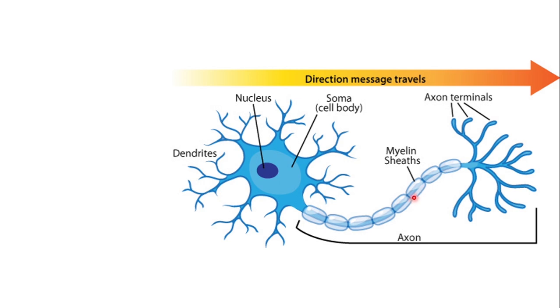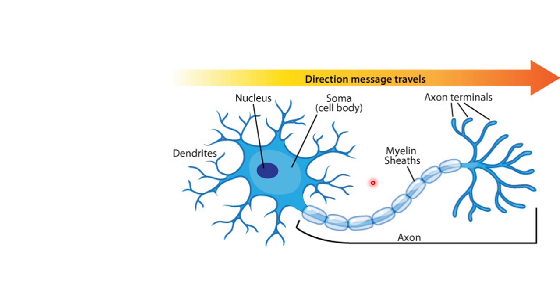Those axons are lined by something called the myelin sheath, which helps to speed up the conduction of the impulse, and we're going to be talking about those later. And in the center here we have the part called the cell body or soma, and this is the site of protein and neurotransmitter synthesis.